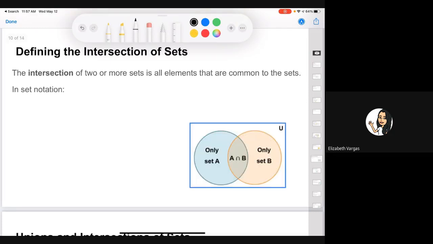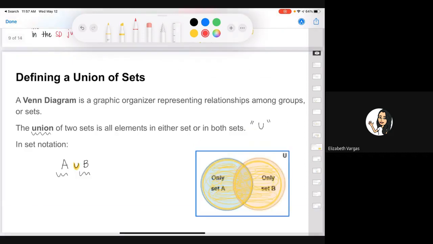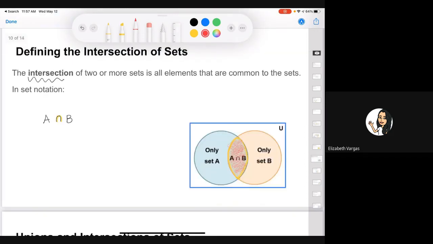I also have what is known as an intersection. An intersection is represented with an upside down U, and intersections only represent the things that they have in common. So that means the center part. This center part would represent the intersection between A and B. A union represents everything in A and everything in B. An intersection only represents what they have in common.